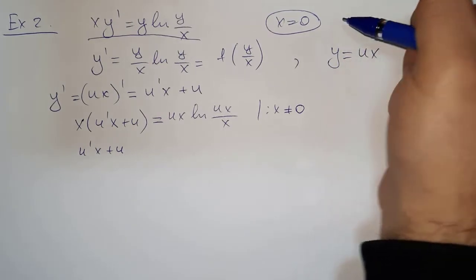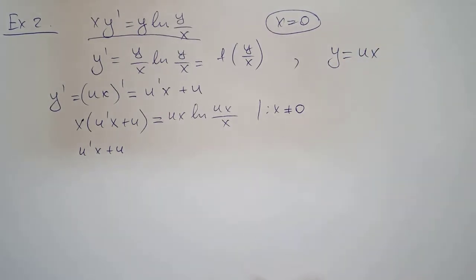That's why we can divide. In the previous example, we did such kind of example, and after dividing by x, we need to check whether x is 0 will be our root or not. Here it's not our root.